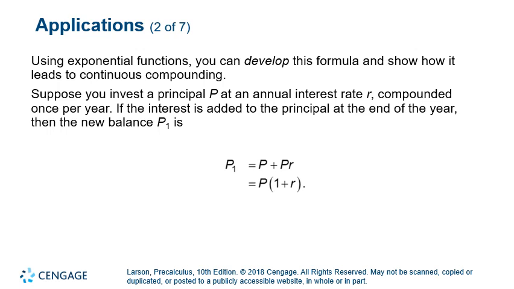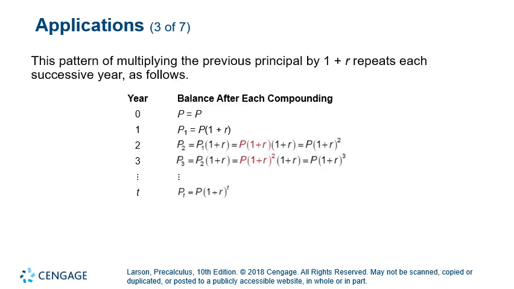So we use our exponentials to help us understand and utilize this application. Here they're going to develop the formula. I'm not going to ask you to develop the formula. I'm just going to ask you to understand that it is exponential, because as you apply that interest, it is always multiplied by that same amount every time that the interest is applied.